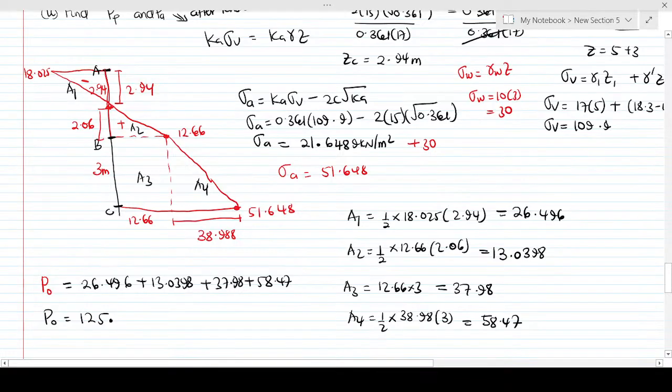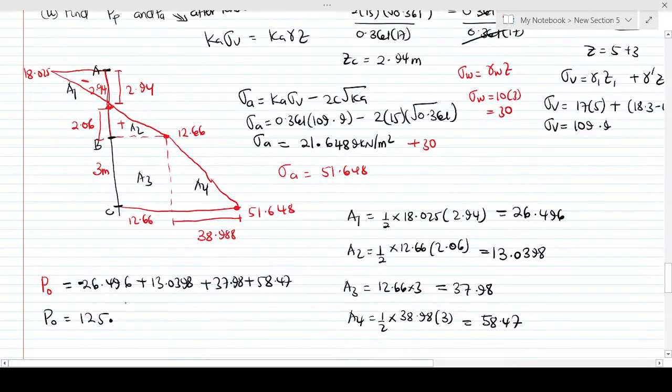The first region is negative, right? Because it's in the negative region, you have to indicate it. So negative 26.496 plus 13.0398 plus 37.98 plus 58.47, right?